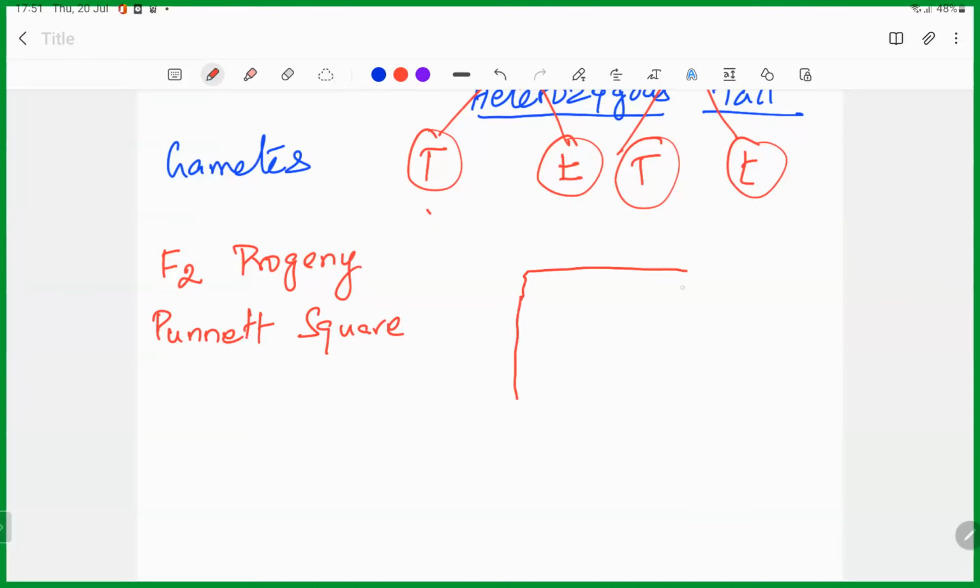Tell me what is a Punnett square. Look at that. Put the gametes here. One is T, another one is t. And here T, another one is t.